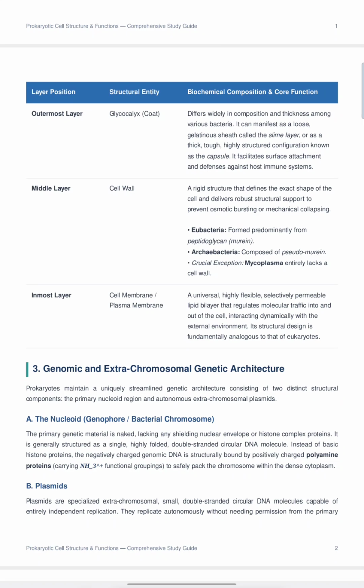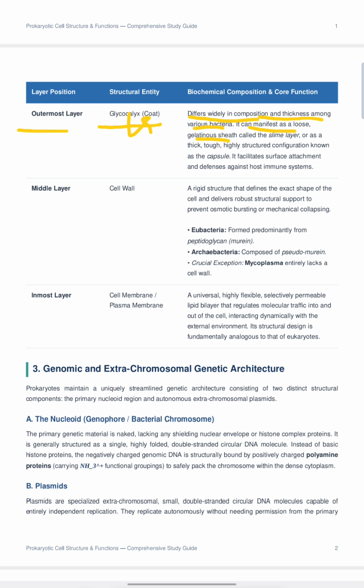Layer position: the outermost layer is a structural entity called the glycocalyx. Glyco means sugar and calyx means coat. Its biochemical composition and core function differ widely in composition and thickness among the various bacteria. It can manifest as a loose, gelatinous sheet called a slime layer.